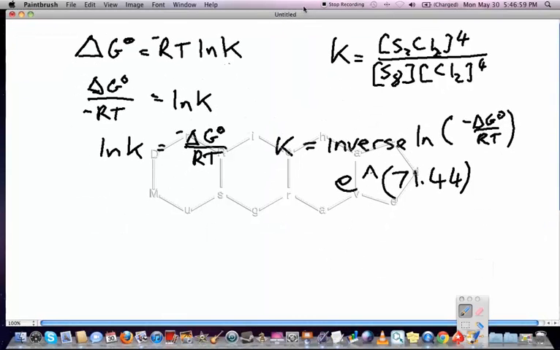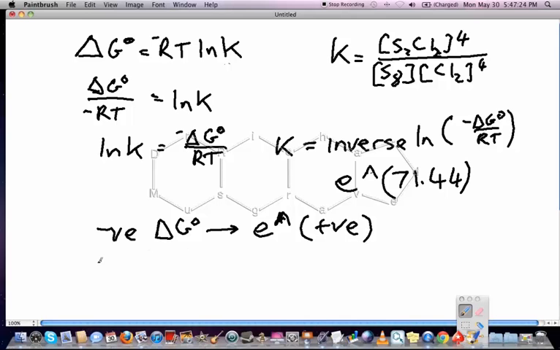Just summarizing that down here. So negative delta G leads to a large value of K, because you've got e to the power of a positive number. If you've got a positive delta G, you'll have e to the power of a negative number.